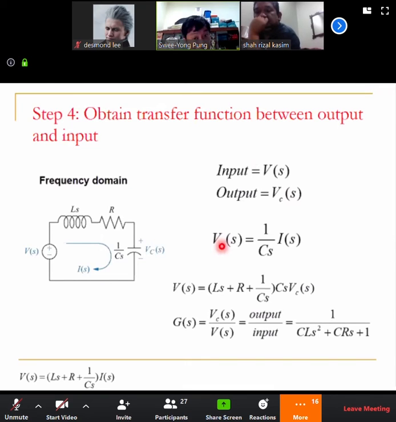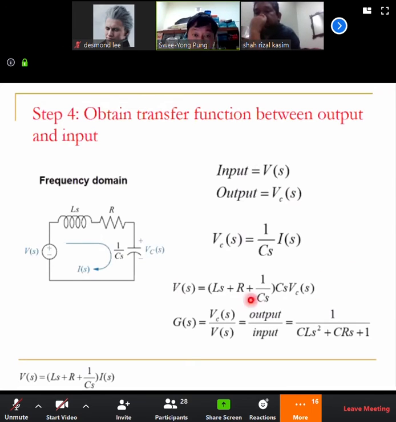Now what I'm going to do is substitute equation 1 into 2. You substitute your equation 1 into 2, and you're supposed to get this equation. When it's done, if you still remember the transfer function, our transfer function is equal to the output divided by input, right?